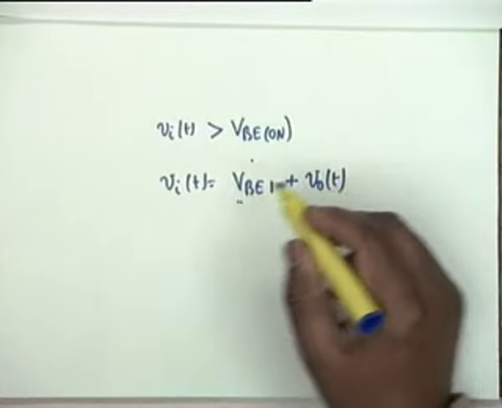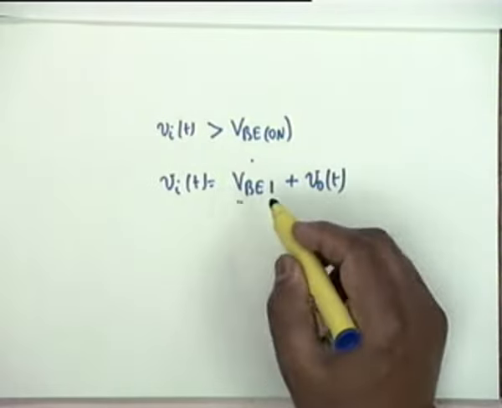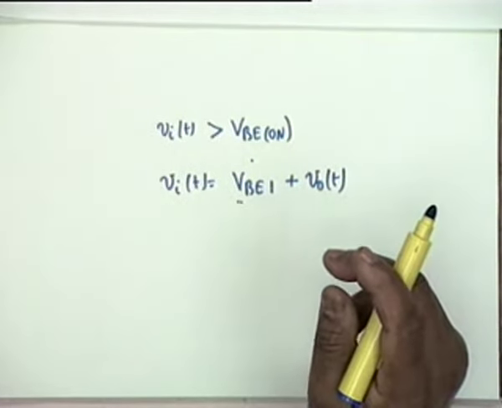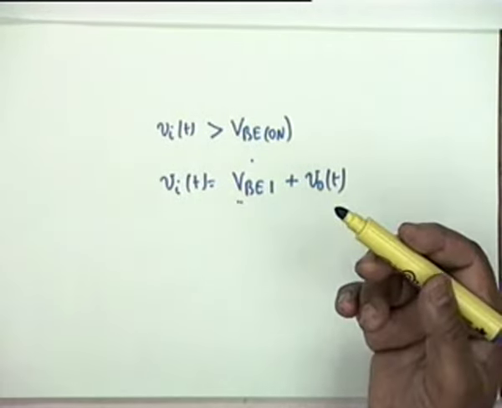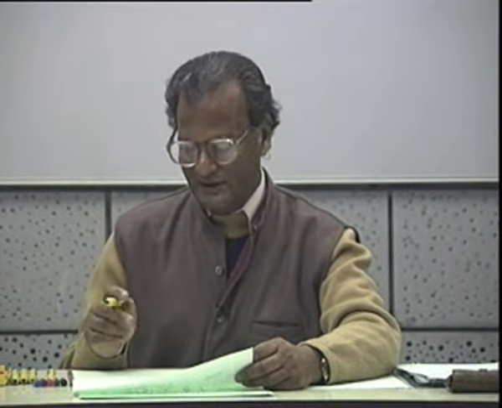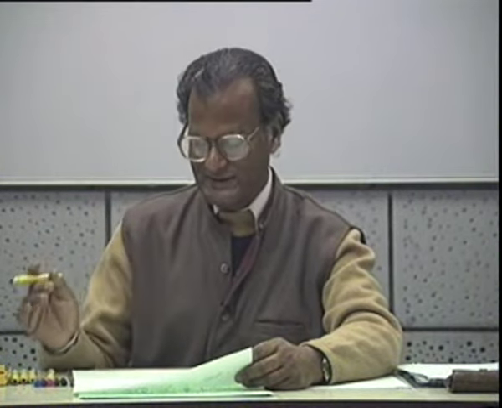The output shall therefore be less than the input by this amount V_BE1. When it goes into the active region, V_BE1 will exceed 0.5, it may go right up to 0.7. In order not to confuse the main issue, we will assume that V_BE on and active are the same, approximately 0.7. If it is not, you can take care of it, to simplify the analysis.